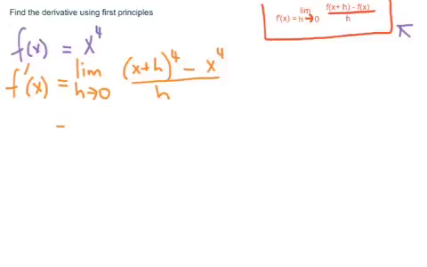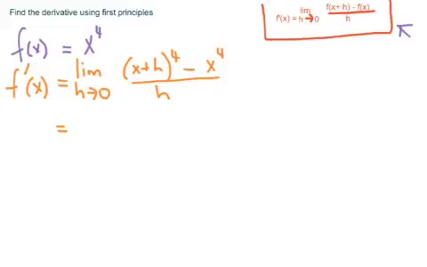Now, in this next line, I'm just not going to copy out this limit notation over and over again, and instead I'm going to use Pascal's triangle or binomial theorem if you prefer to expand out my x plus h to the power of 4.